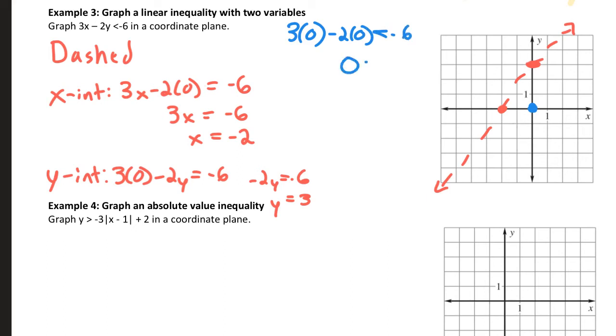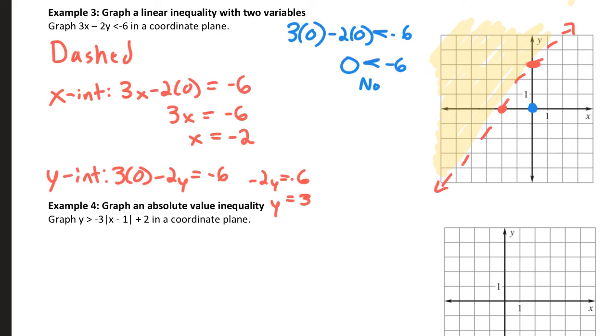So I ask myself the question, is 0 less than -6? No, it's not. So that means I would shade the other side of that boundary line, because that point was not a solution.